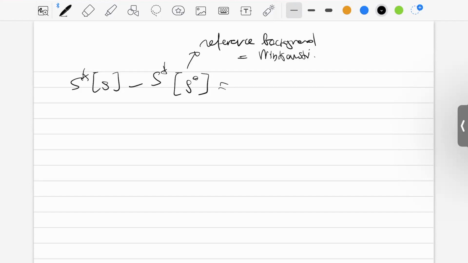If you remember, S is the sum of the Einstein term plus the boundary term. The bulk terms are the same, so the bulk term vanishes and we are only left with the boundary term. So this is just 1 over 8 pi G times the integral over the boundary of d to the d minus 1 x.